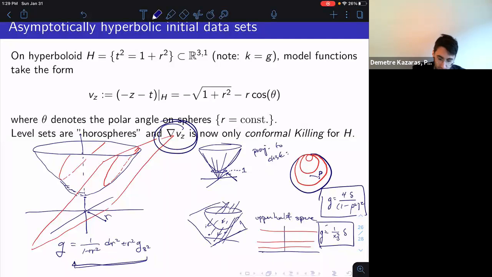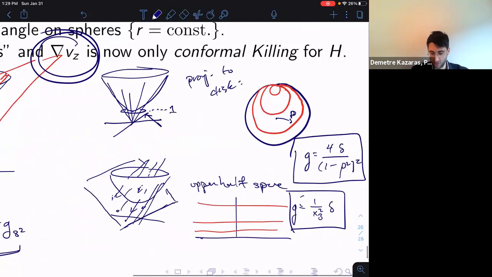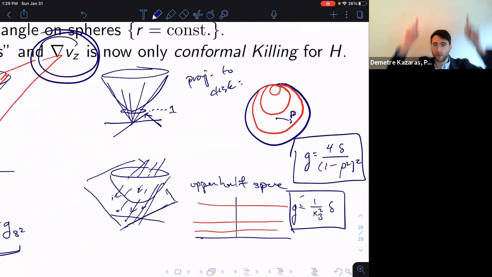Notice that the gradient of this model function is no longer Killing, like the gradient of x was Killing for Minkowski space and the t equals 0 slice. Translation in x was Killing. Now translation in x in this upper half-space model, which would be like translating upwards, is no longer Killing.